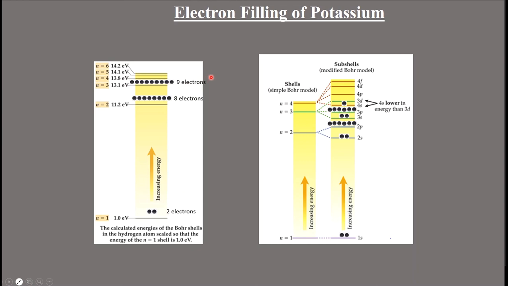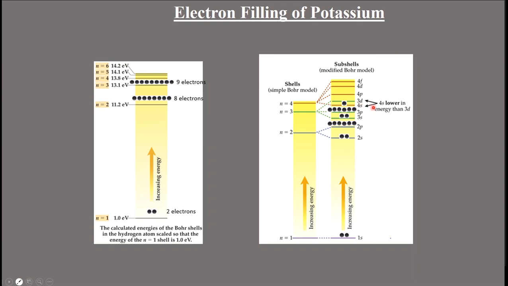So let's fill in these 19 electrons in the modified Bohr's model that has subshells. When we fill electrons in this model, we have 2 electrons in the 1s, 2 electrons in 2s, 6 electrons in 2p, 2 electrons in 3s, 6 electrons in 3p, and 1 electron in 4s.